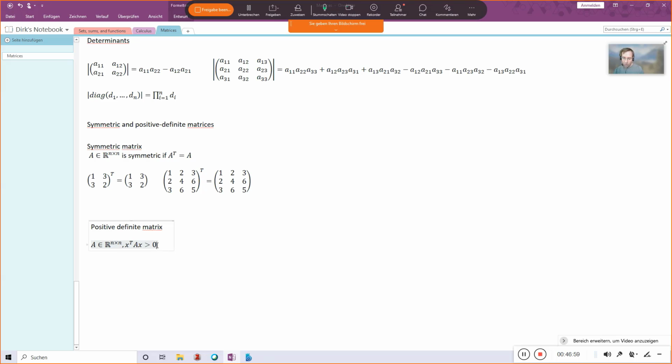If this holds for all real vectors x, this is quite a strong criterion, in the sense that to figure out whether a matrix is positive definite, you would have to test, for a given matrix, all possible n-dimensional vectors and check whether this, which is sometimes also called the sandwich product, is larger than 0.